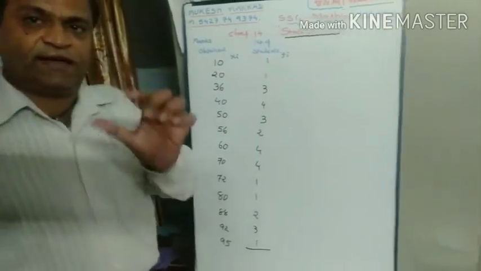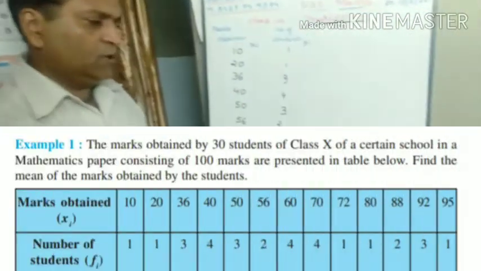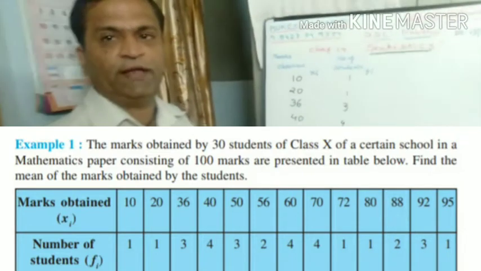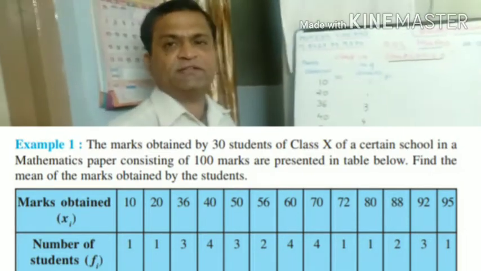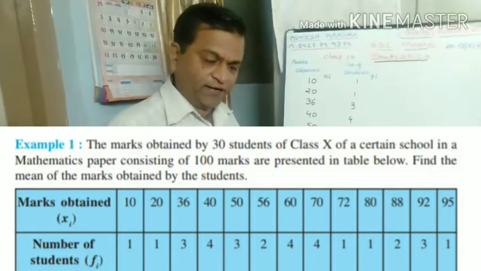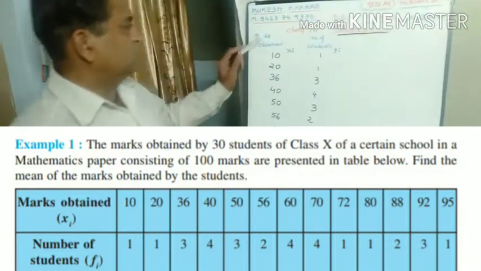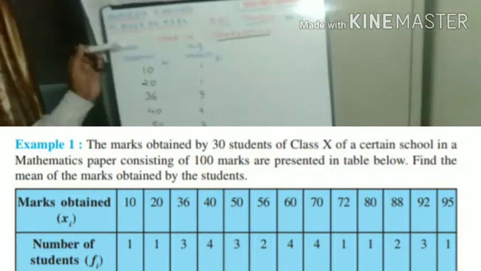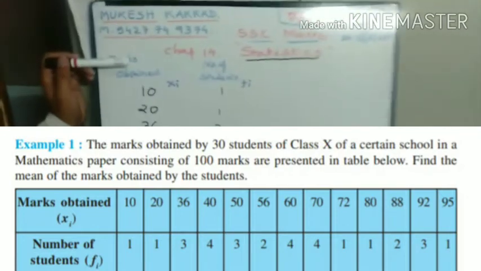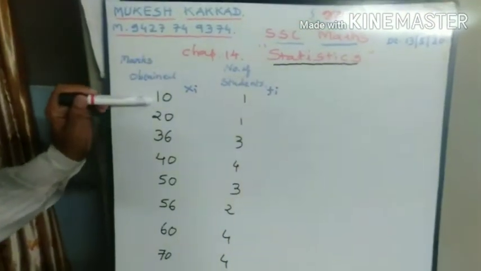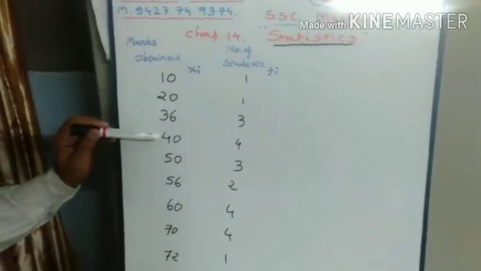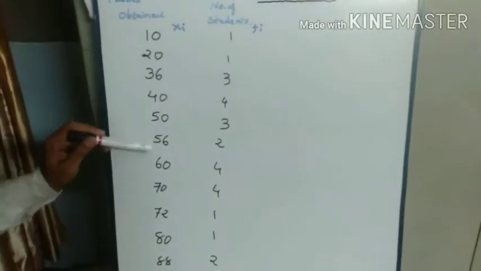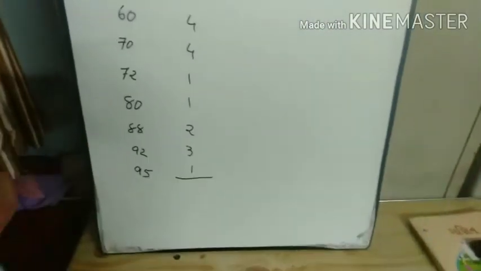You will find the data on your screen too. If you do not have the textbook, you can take a screenshot and use the data. Now see, we have given data, marks obtained 10, 20, 36, 40, 50 up to 95, and number of students.